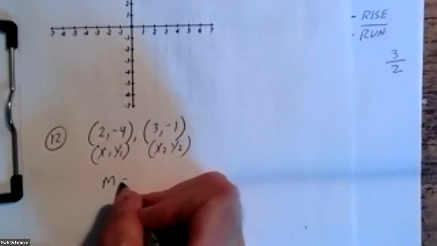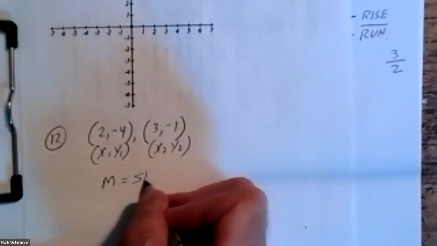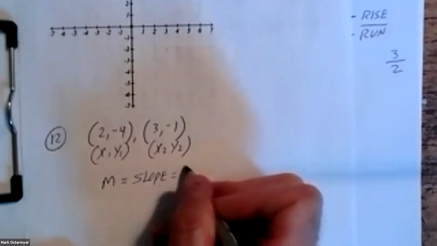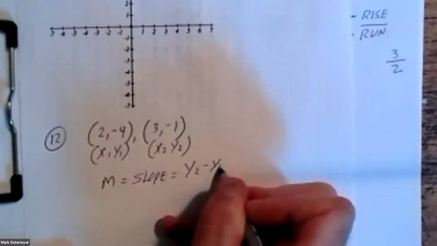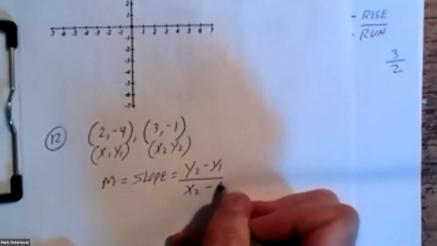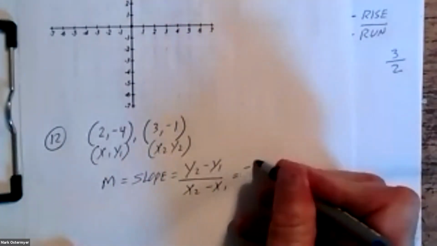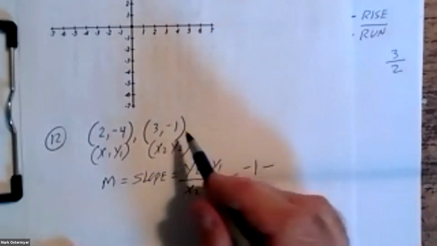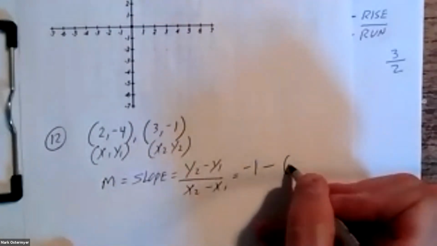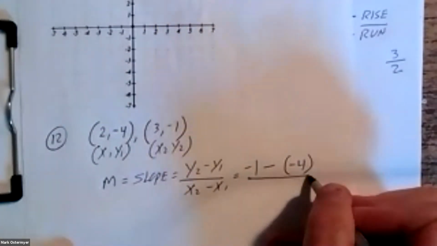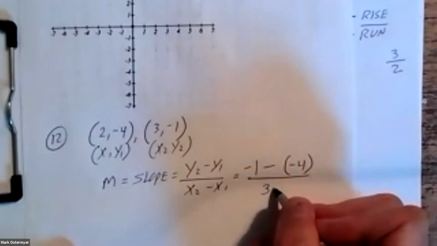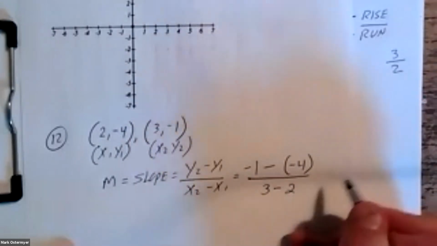The slope of this line can now be computed as y2 minus y1 divided by x2 minus x1. Y2 takes on the value of -1, subtract y1, which is -4. X2 is 3 minus x1 is 2.